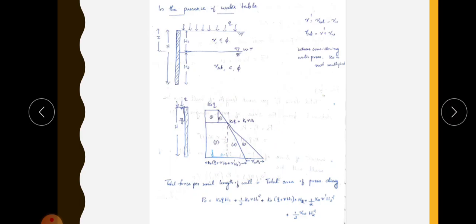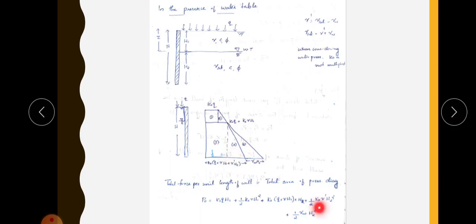Let us start with the first area, K naught into Q into h1, plus half into K naught into gamma into h1 square, the area of this small triangle, plus the area of this rectangle, that is K naught into Q plus K naught gamma h1, into h2. And the second last, the fourth diagram, is a triangle.